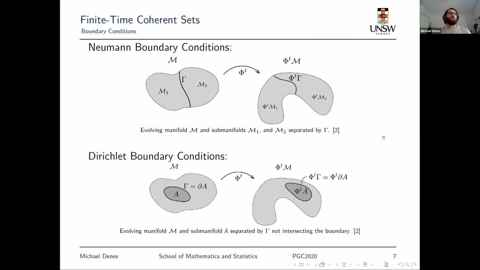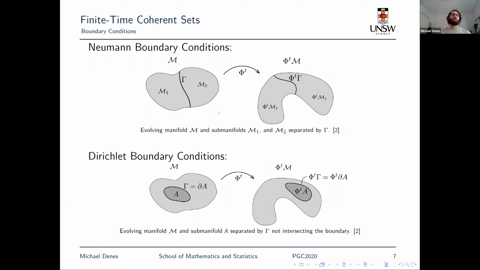Okay, so when we come into the mathematics, this is where I've taken out a whole bunch of slides on defining a whole bunch of different things because it'll get rather technical. But it's important to mention that what we're essentially doing is we're taking a domain, which we'll call our manifold M, and we're trying to split that manifold up.